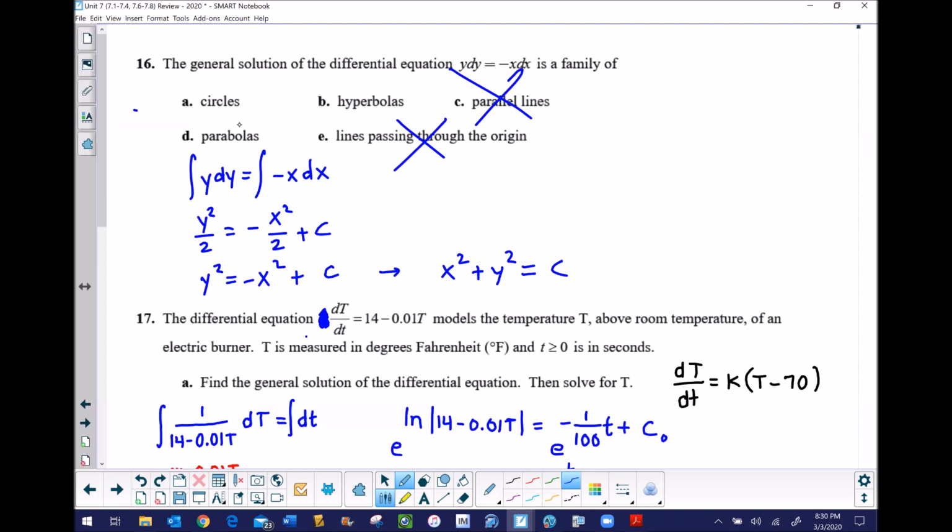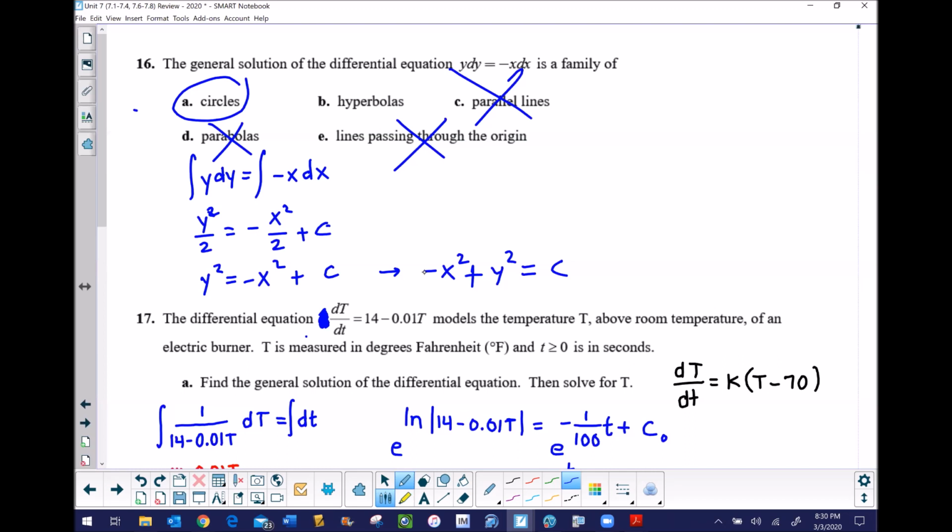Well, it can't be a parabola because parabolas have only one of the variables squared. Turns out that it's an ellipse. Hyperbola would be the answer if there was a minus sign, either in front of the y squared or in front of the x squared, okay?